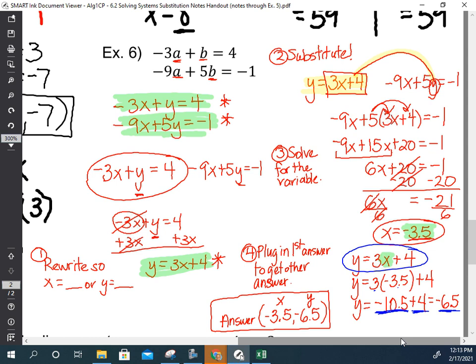You should get the same answer regardless of which equation you use. The only way you would not get the same answer is if you do something mathematically wrong, like you added and you were supposed to subtract.